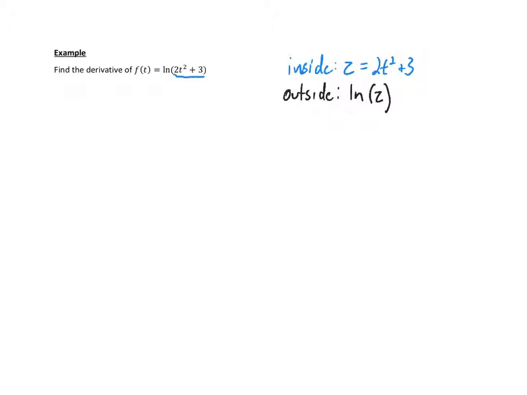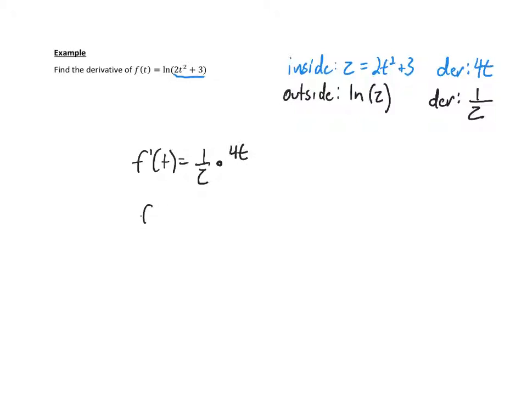So to find the derivative of this thing, we need the derivative of the inside and the outside. The derivative of the inside would be 4t. The derivative of the outside, the derivative of a natural log, is 1 over whatever that thing is, so 1 over z. So now, f prime of t equals the derivative of the outside, 1 over z, times the derivative of the inside, 4t.